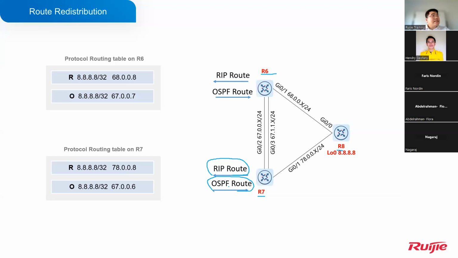In this case, when we check the protocol routing table on R6, firstly we should know what the protocol routing table is. Actually, a router or layer 3 device has multiple routing tables.